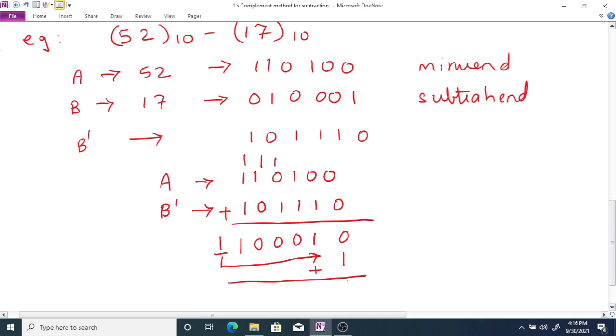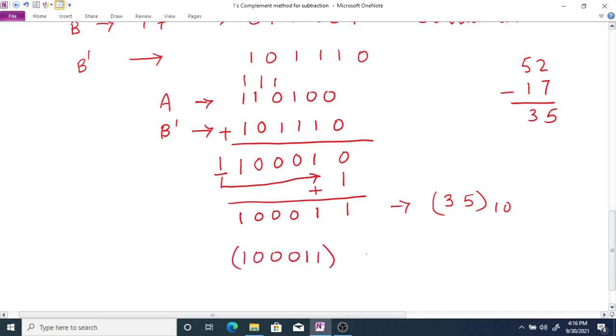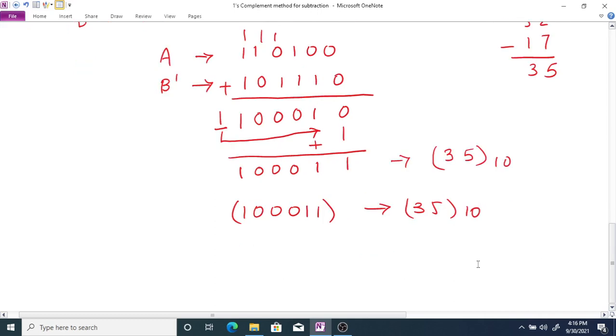So here we will get 100011. If we convert this back into decimal number, we will get 35. As we know that 52 minus 17 will be 35. So final answer will be 100011 for our subtraction, which is nothing but 35 in decimal. Now we will see one more example.